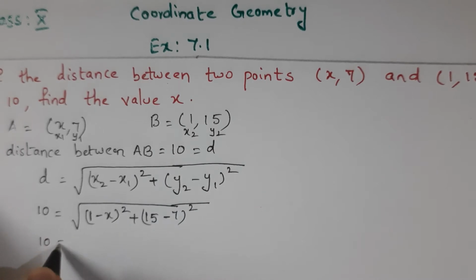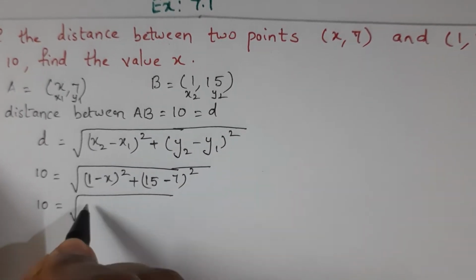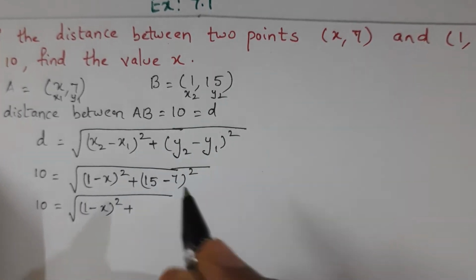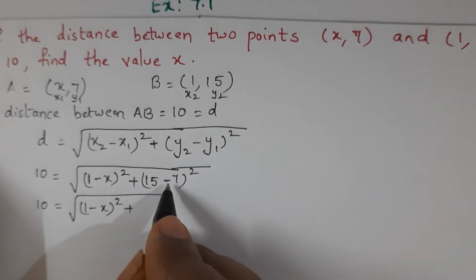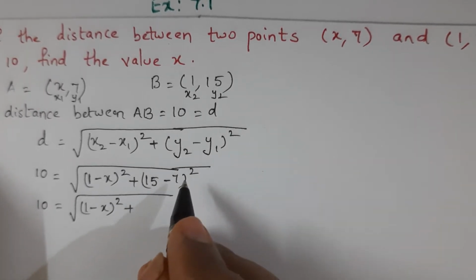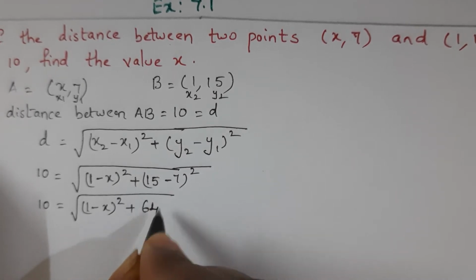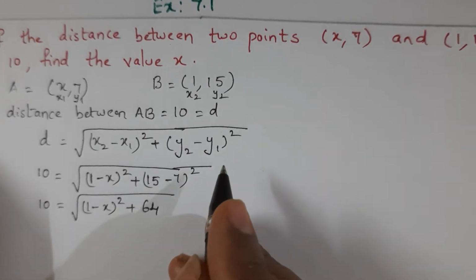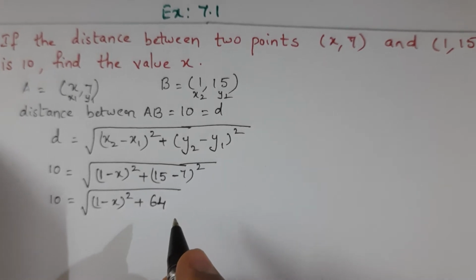So 10 is equal to square root of 1 minus x whole square plus 15 minus 7, 8. And 8 square means it is 64. I am writing directly. 15 minus 7 is 8 and 8 square is equal to 64.